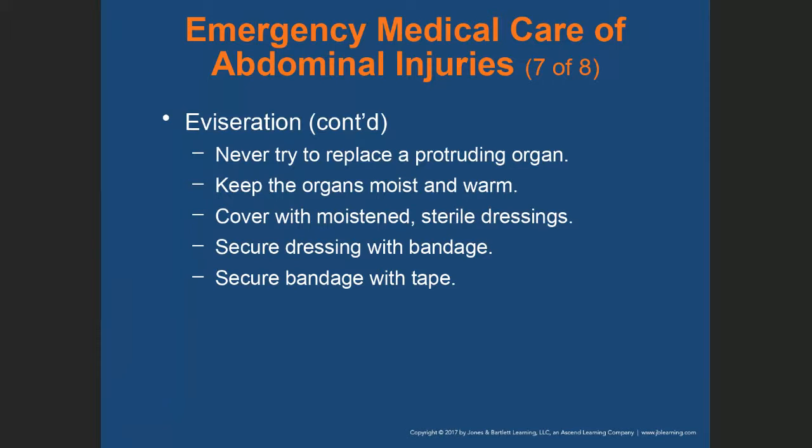You put the occlusive dressing over the area and tape four sides. Or you can put a moist dressing over the area, then cover it with the occlusive dressing and tape four sides. If you don't have an occlusive dressing, you can put the moist dressing, then put a dry dressing over that and seal it.